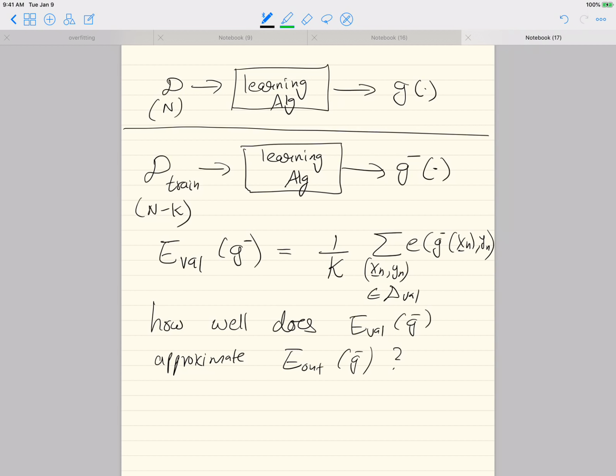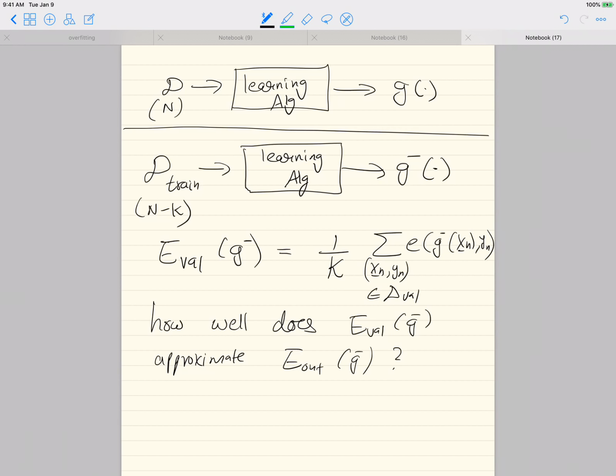Are they exactly the same? Will Eval of G minus be exactly equal to E out of G minus? Yes, no, why not? If no, yeah? The validation set might be a different data set, right? Compared to the testing set.